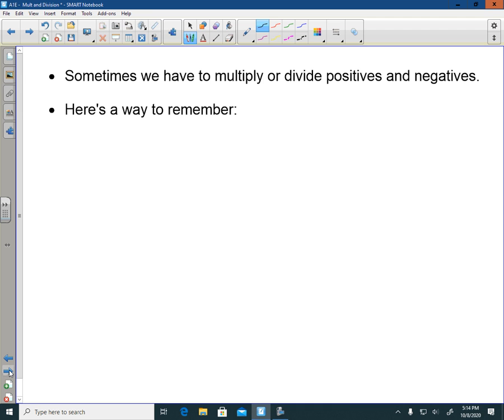Sometimes we have to multiply or divide positive and negative numbers. And I have a way to remember that may be just a little bit mean, but it's kind of funny. So when you take a positive number and you either multiply or divide it by another positive number, you always get a positive number, okay?